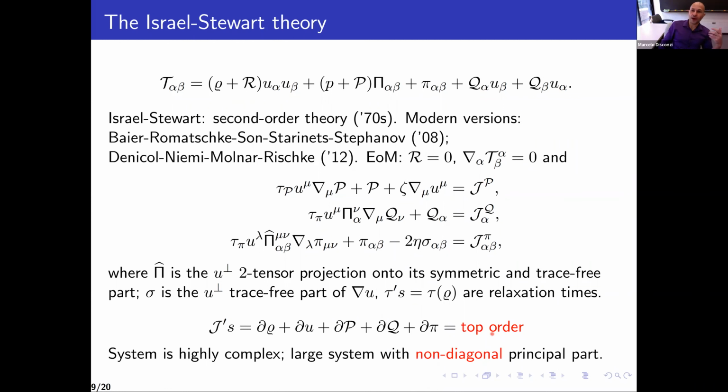And this tells us that the Israel-Stewart equations form a very complex system of equations. This is a very large system with non-diagonal principal part. How large? If you include all the fields, it is a 26 by 26 system with non-diagonal principal part. So the mathematical analysis of these equations is very difficult.